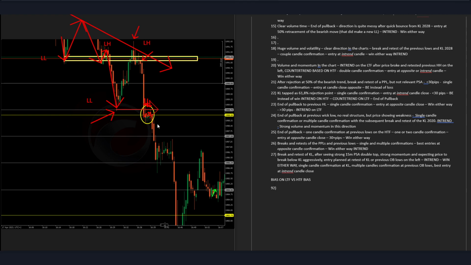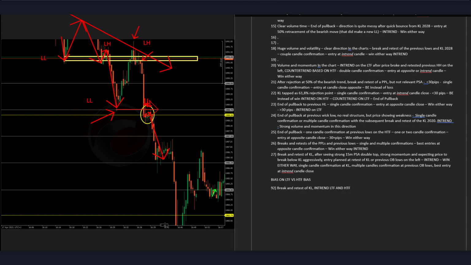So let me write them down. Break and retest of key level. Price is, let's say, in trend, lower time frame and higher time frame.